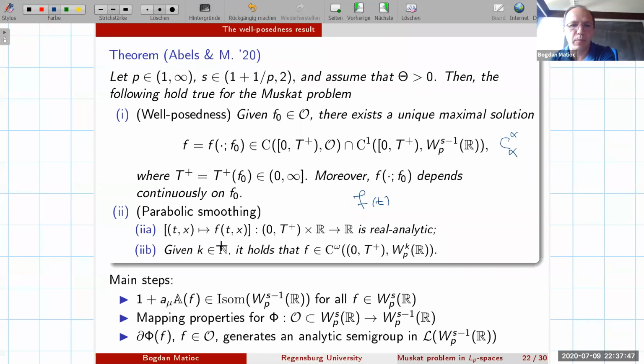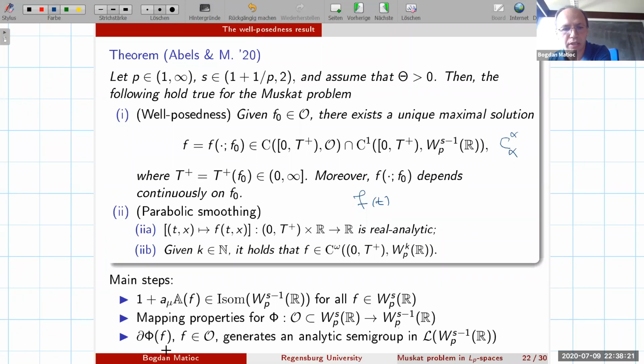So the main step in the proof is, of course, first to establish that A(f) and B(f) map W^{s-1}_p to W^{s-1}_p. But then the first important step is to prove that this operator is an isomorphism. And this is only possible because the absolute value of a_mu is less than or equal to 1. Then one has to show mapping properties for this map phi, in fact from W^s_p to W^{s-1}_p.